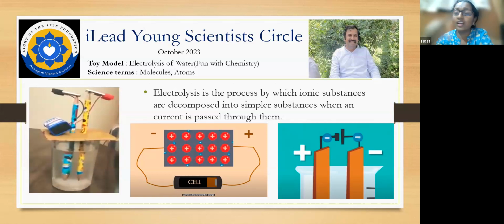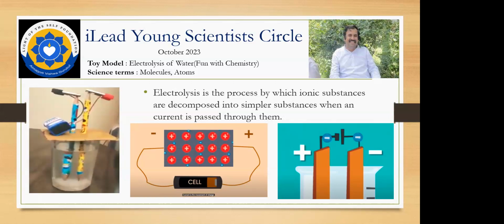In chemistry, all these compounds and molecules, we have identified in three forms: solids, liquids, and gases, and they have arranged it in an order, that is the periodic table. So in this experiment, water is made up of hydrogen as well as oxygen atoms. So when do you call it a molecule? When it's bonding with some other atom.